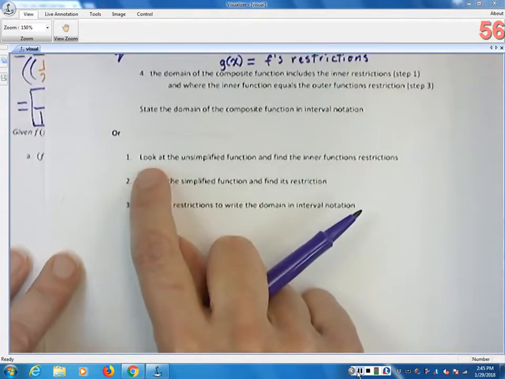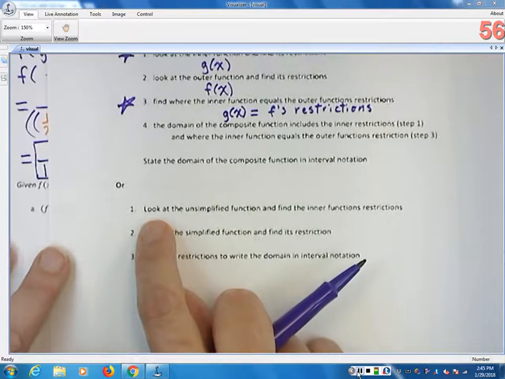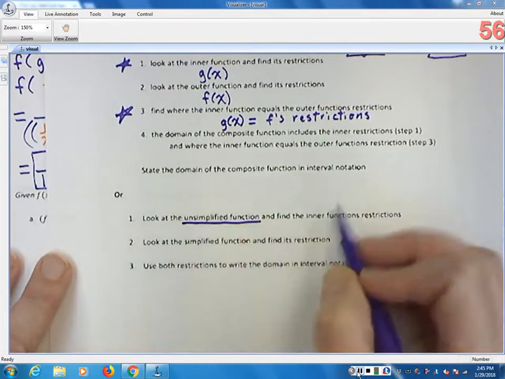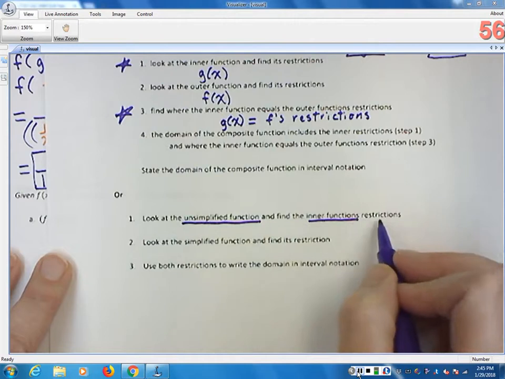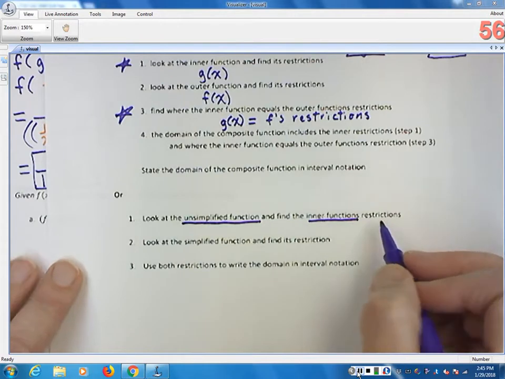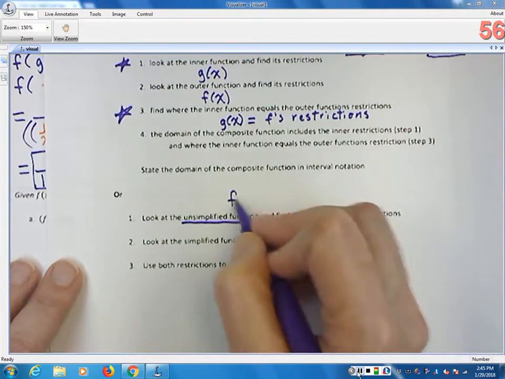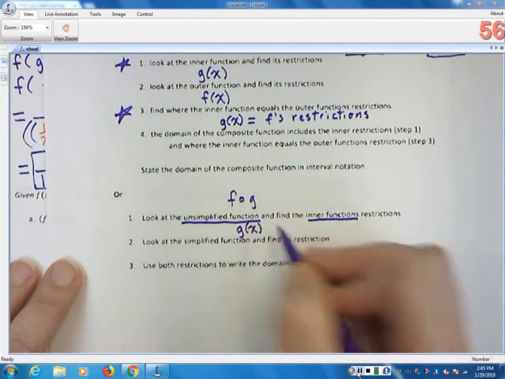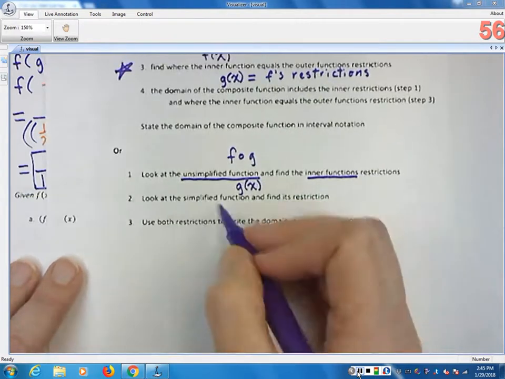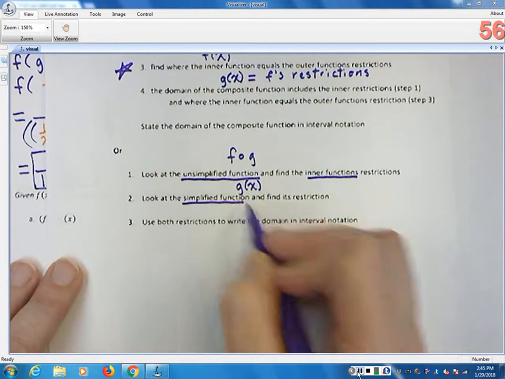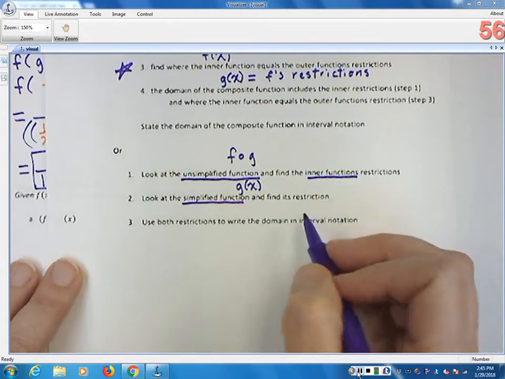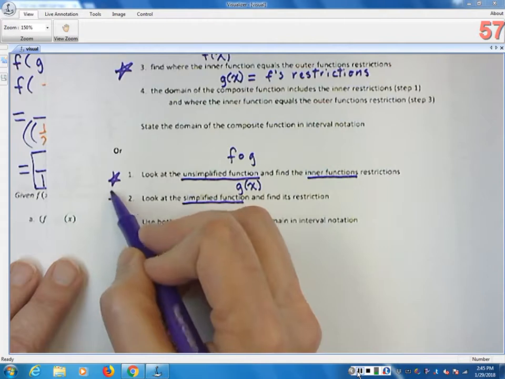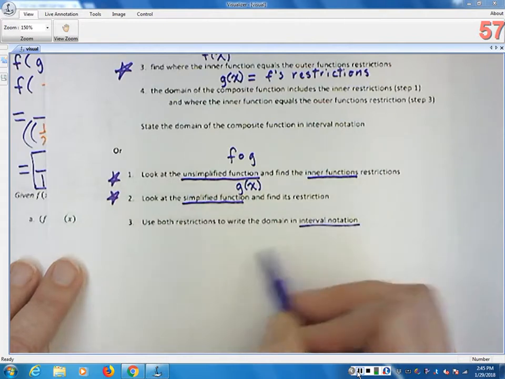Or, especially if it's a fraction like this, we can look at the unsimplified function and find the inner function's restrictions. That would be, for f composite g, g. Those are its restrictions. And then you can look at the simplified function and find its restrictions, and then use these restrictions to write your domain in interval notation.